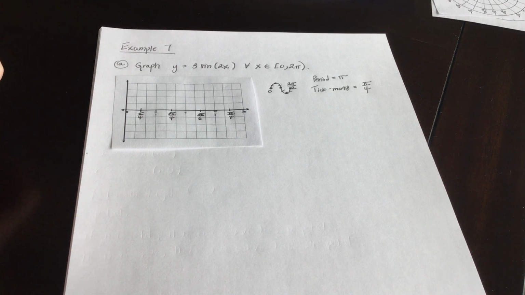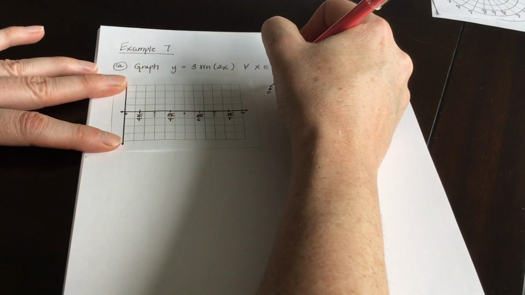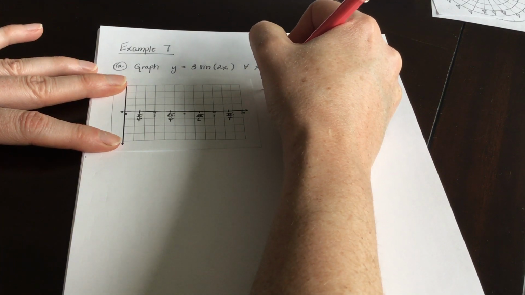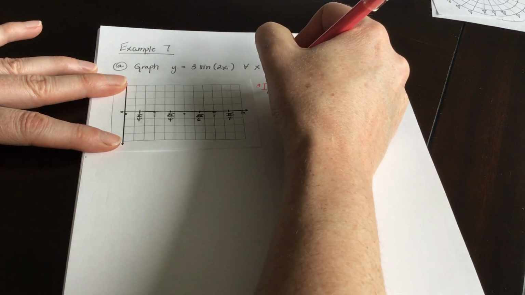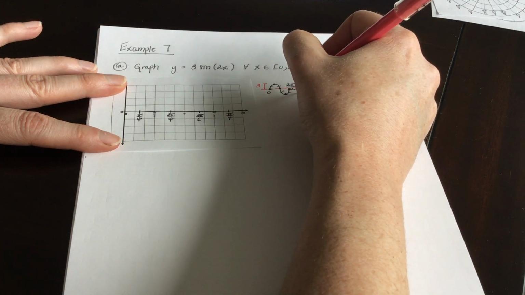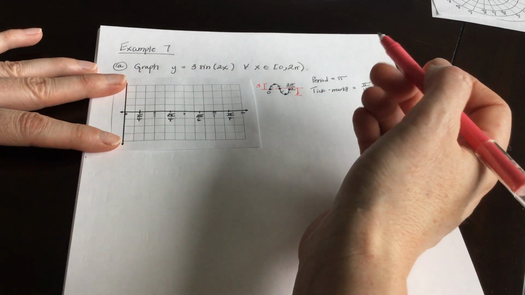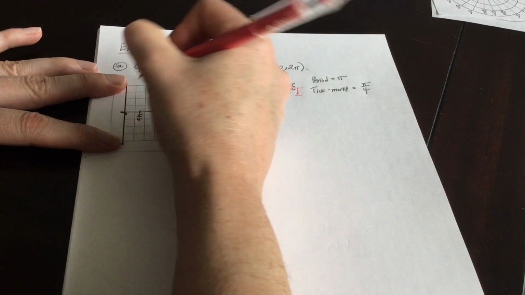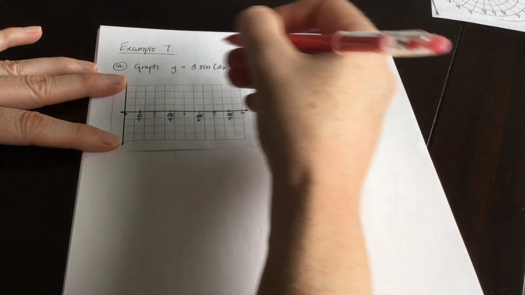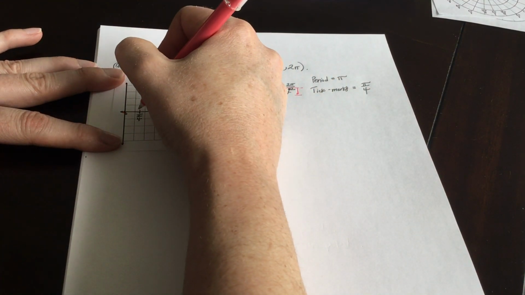Graphing this, the 3 would triple your heights, so that creates an amplitude of 3. So 0, and then we said the period was pi, and the amplitude is 3.